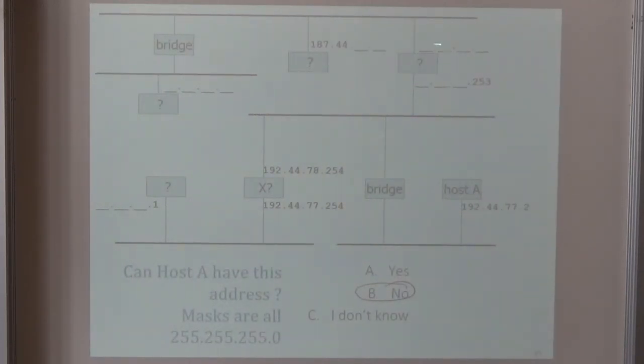Yes, so assume this is a router, for example. Then if you want this to happen, you would need to do something special here. You would need to instruct this router that this address is on link with you, is not, in fact, going here. So you would need to put what is called a host route.